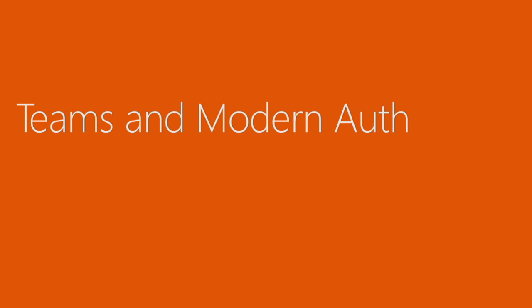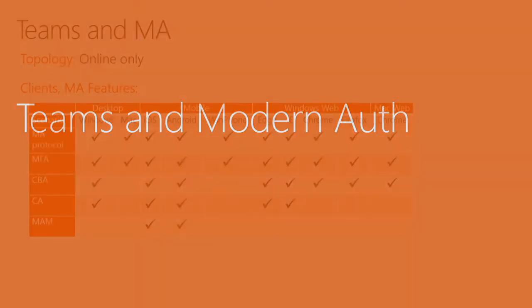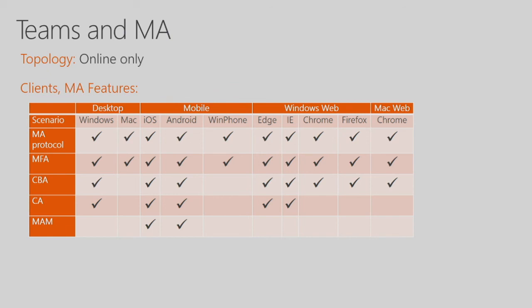Okay, awesome. So let me talk about Teams for a second. Teams is much simpler, all right, which is really nice. Okay, as far as topologies go, there's only one topology, online. Teams is only available online. There is no on-prem, and therefore there's no hybrid, okay?